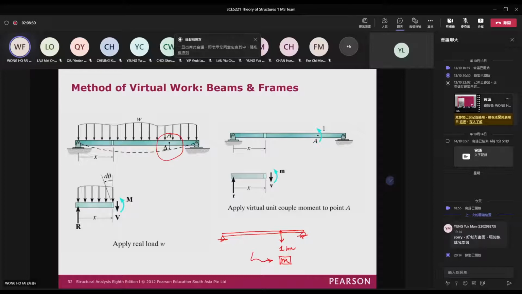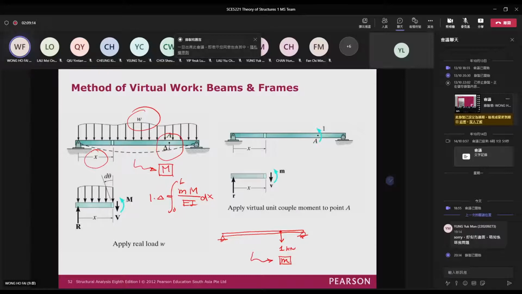Then for the real load W, we will find the real moment M. If we find both M and small letter m, then the deformation is equal to the integral of mM over EI dx from the start to the end of the beam. This is how we can find the deformation at any location within the beam.